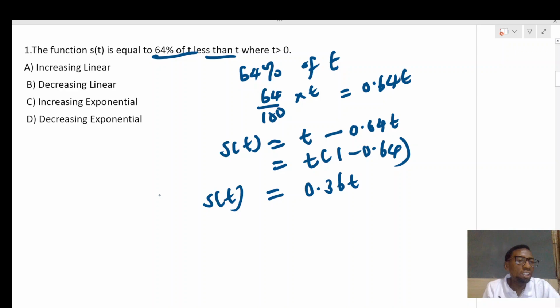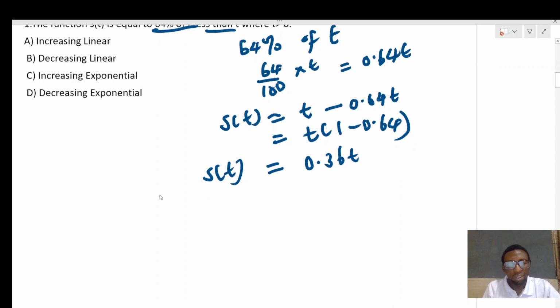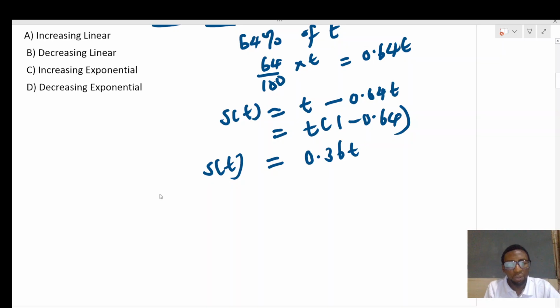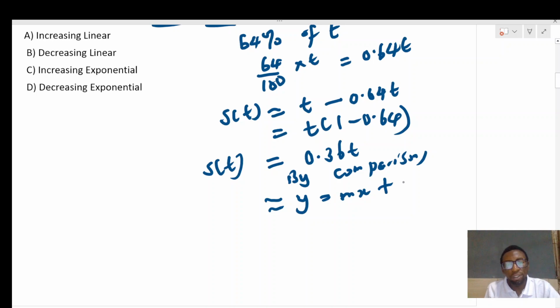So they're asking us, is it linear or exponential? Is it increasing linear or decreasing linear? Before I talk about linear, you can compare this to y equals mx plus b.